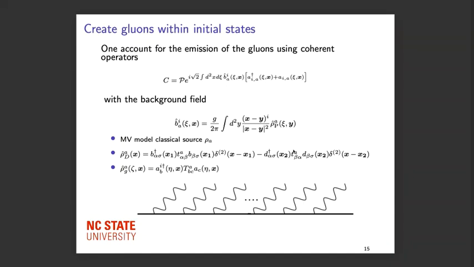This A and A dagger will create your gluon field, and this B field you can think of as the amplitude of the classical gluon field given by this source. This formalism is rather general, because if this operator acts on an MV model source, it's going to create gluons based on the MV model. If it acts on this quark anti-quark dipole localized in transverse coordinate space, then it's going to create gluons based on this source.